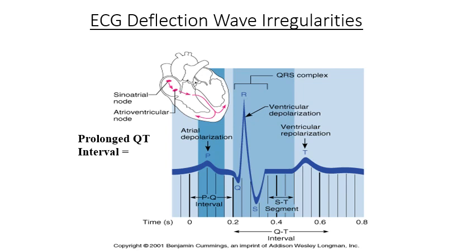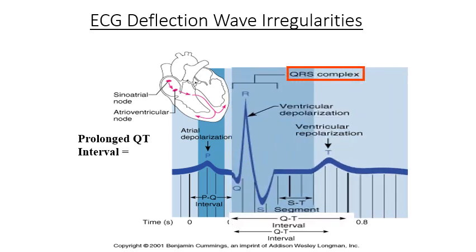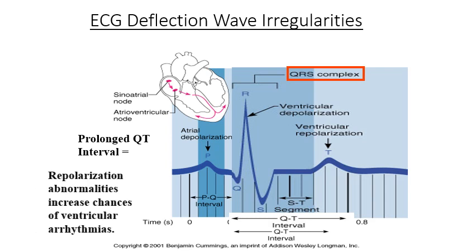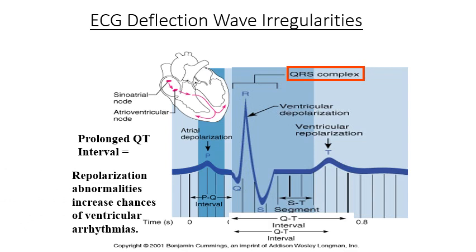If we see a prolonged QT interval, so the QT was longer than normal, see, this is the normal QT, about 0.4, and here it is extended. So the time from the beginning of depolarization to the end of repolarization is long. That means there are repolarization abnormalities.